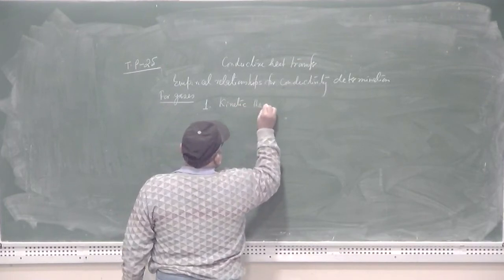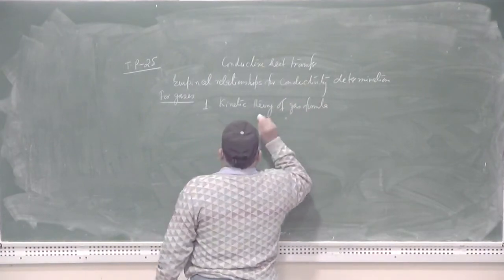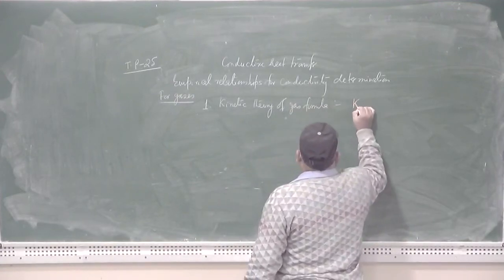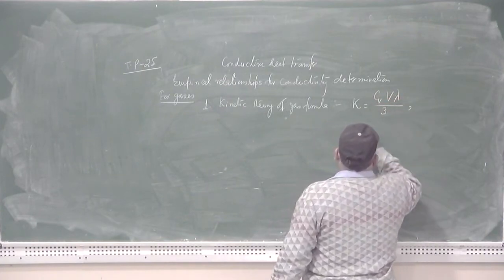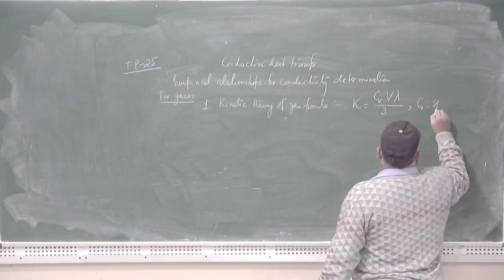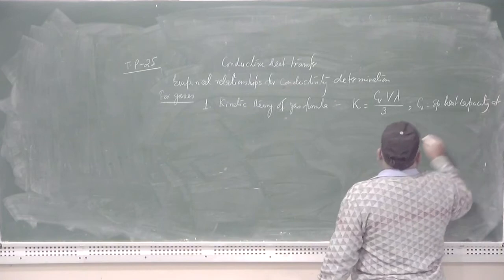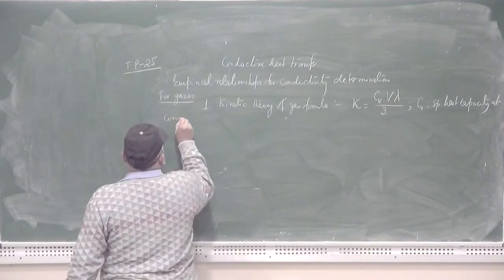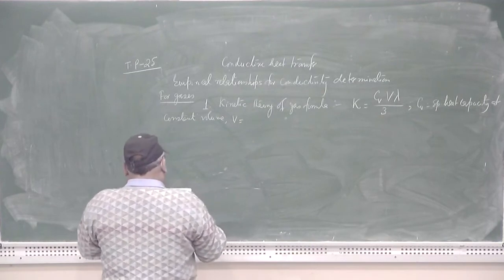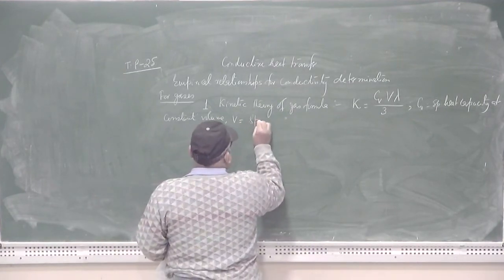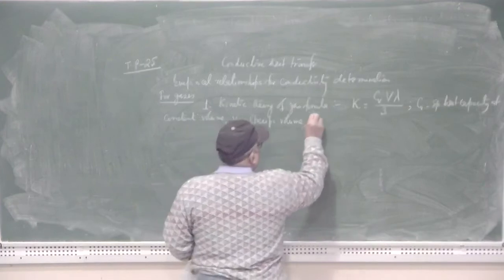This formula is K is equal to Cv V lambda by 3, where Cv is the specific heat capacity at constant volume, V is the specific volume, that is the volume per unit mass, and lambda is the mean free path.